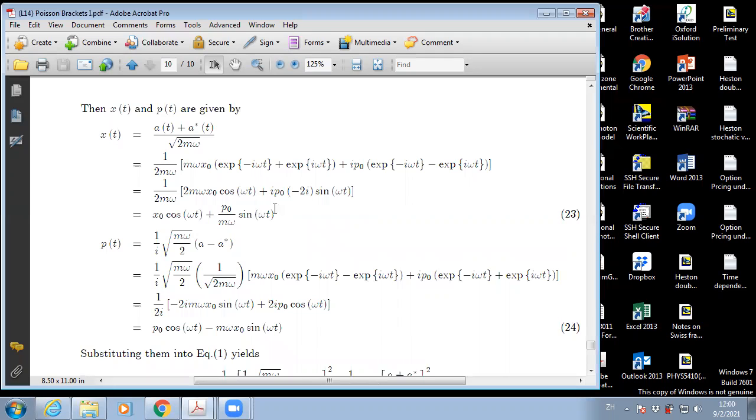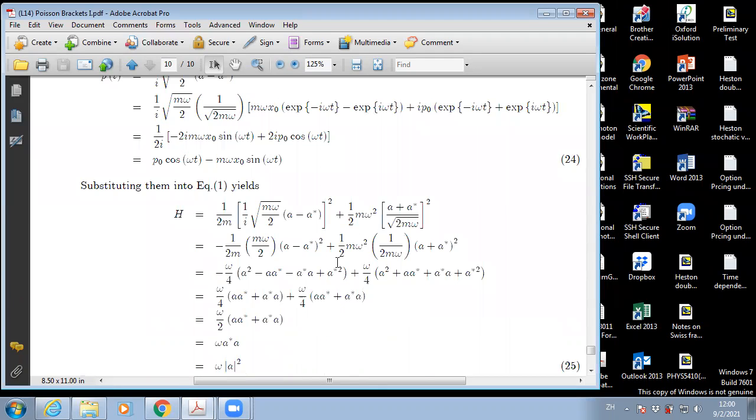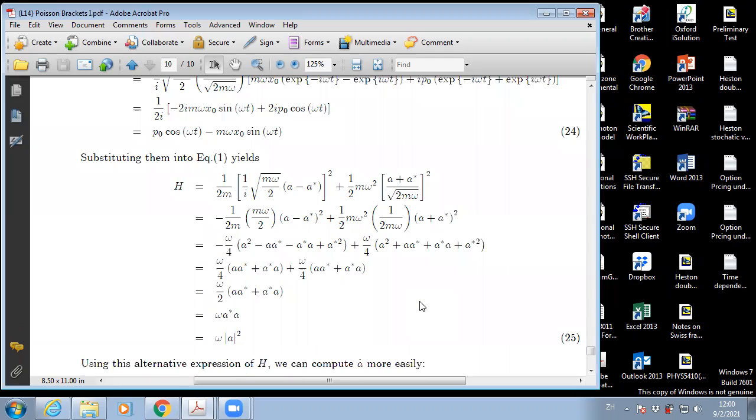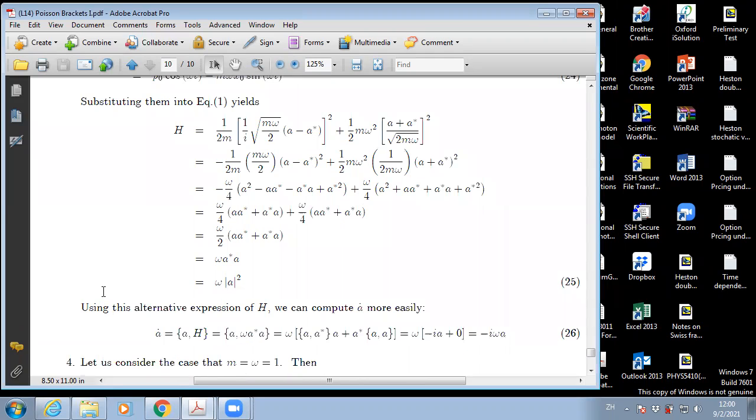So then we try to expand both terms and combine them, and we find a very surprising result. H is proportional to the norm square of A, or it is equal to the product of A star and A. This is a very, very interesting result.